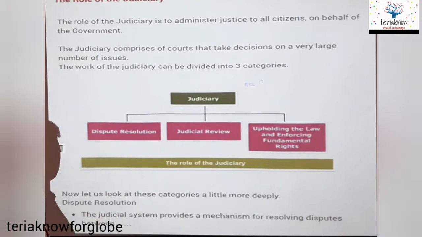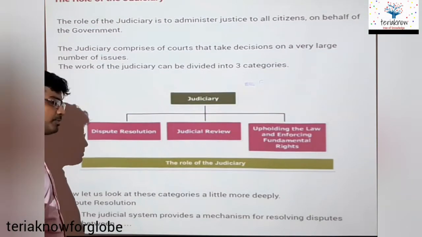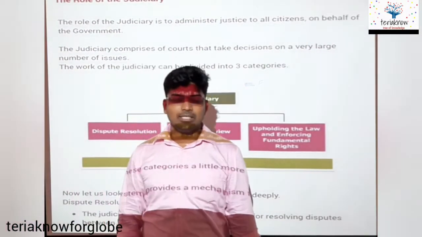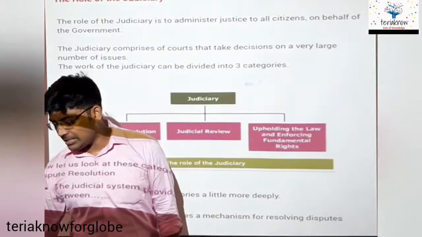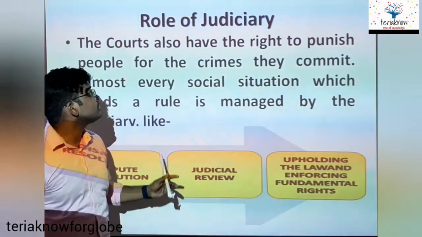First, dispute resolution. The judicial system provides a mechanism for resolving disputes between two parties, between two governmental people, between any other cases. So there is some provision for dispute redressal or resolution.